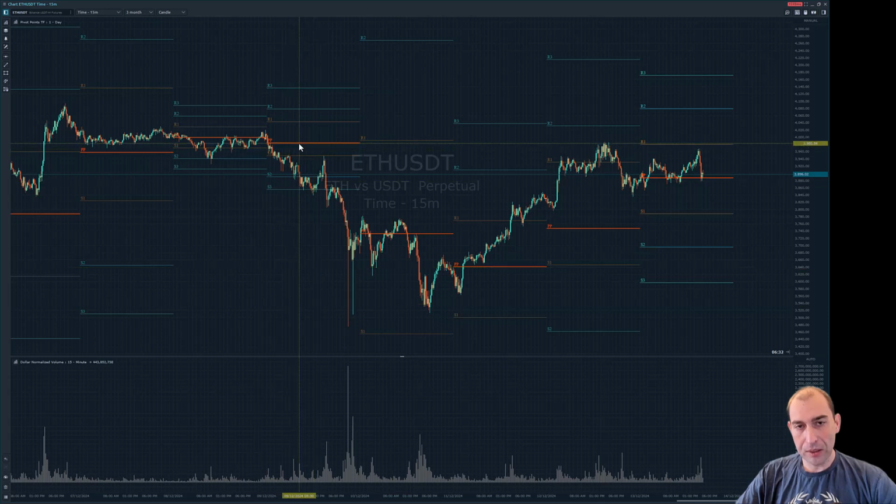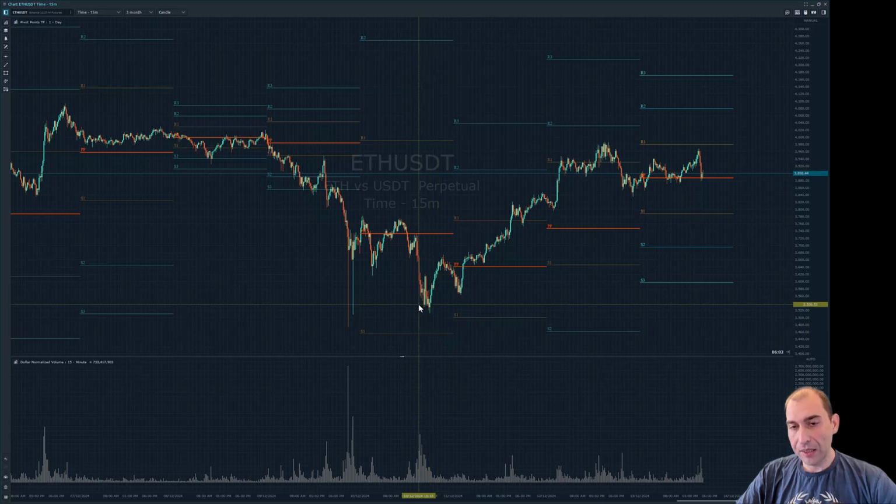If we sold somewhere on the pivot point, the expected range to exit was somewhere here, but then we see there was a big downtrend, and based on this pivot point, we can see that expected support was somewhere here.